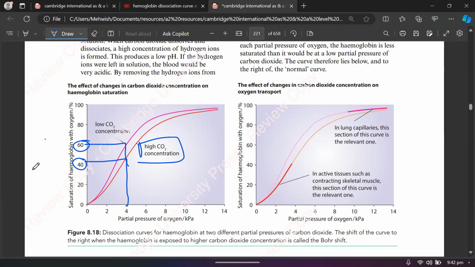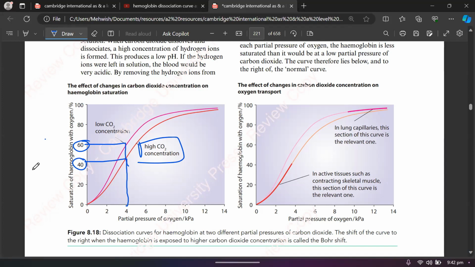In the graph, where the oxygen partial pressure is the same, that is 4, the hemoglobin saturation will be more if the carbon dioxide concentration is low. And if the carbon dioxide concentration is high and the oxygen's partial pressure remains the same, the hemoglobin saturation may decrease, because of the higher carbon dioxide concentration.